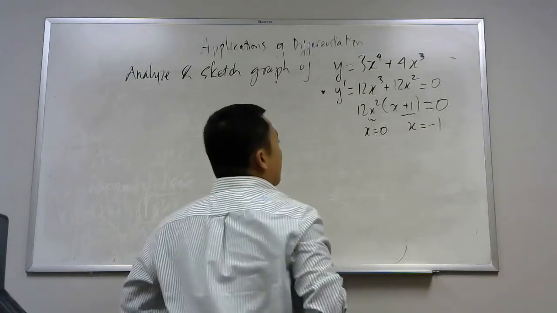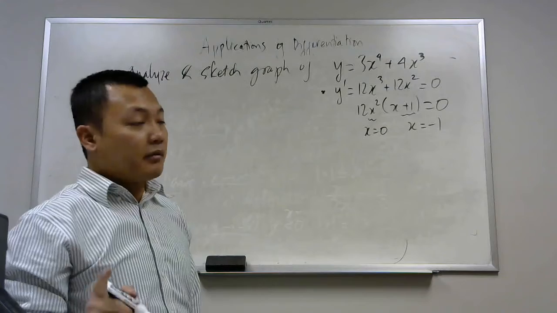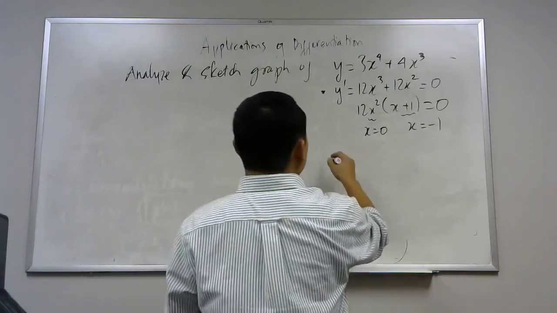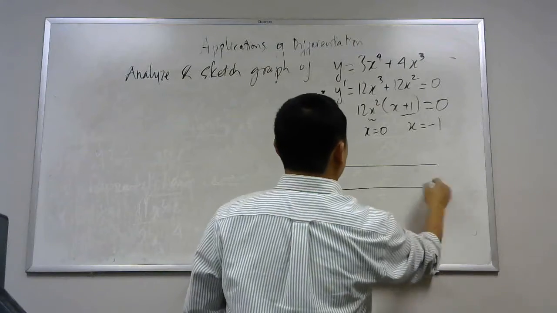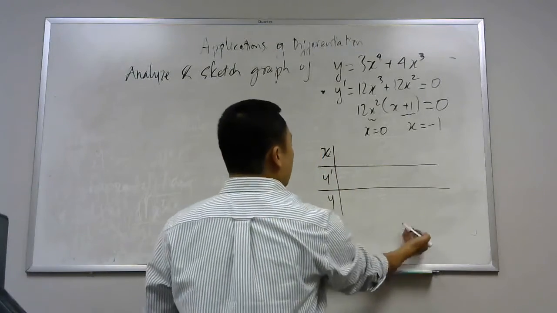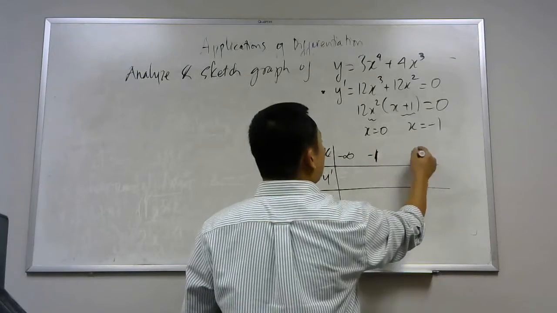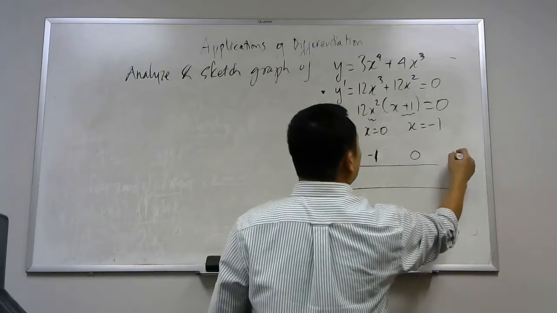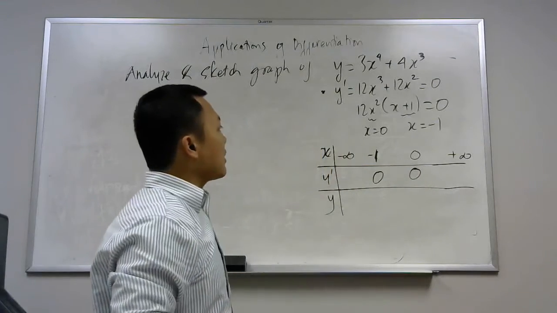Once we're done with the first derivative, I recommend you make the chart for the first derivative right away. So I write x, y prime and y, negative infinity, negative 1, 0, and positive infinity. And here the first derivative equals 0.